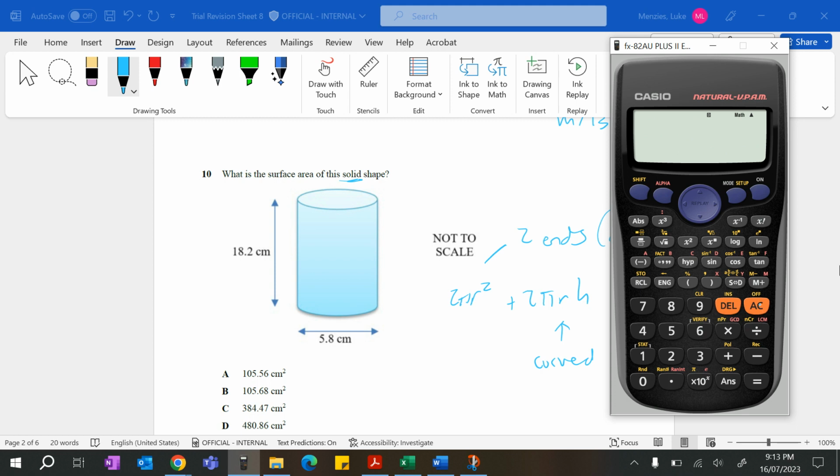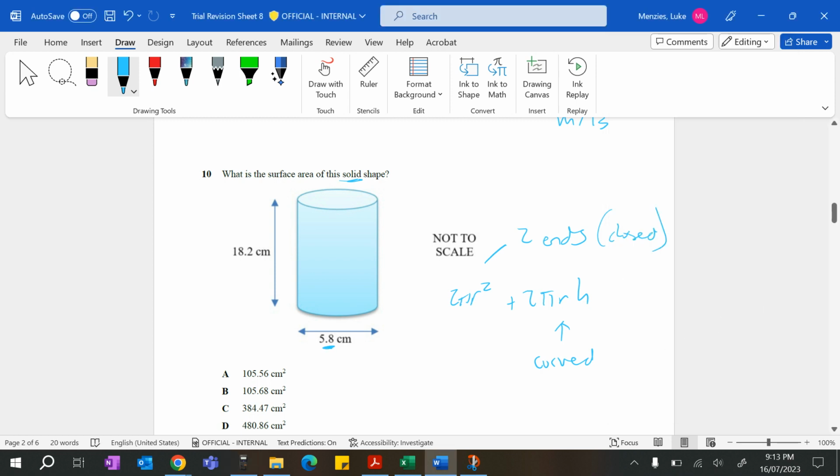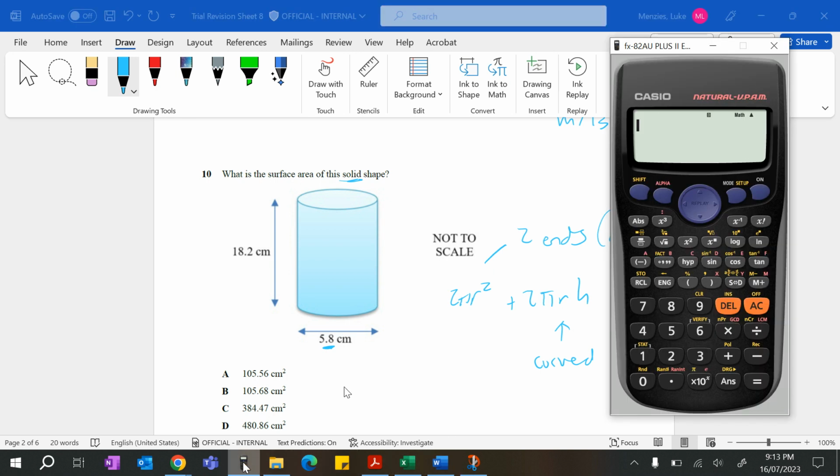The other thing we've got to realise is we're talking diameter, so we just have to halve that to get the radius. So that's 2.9. All right, let's put it in the calculator.